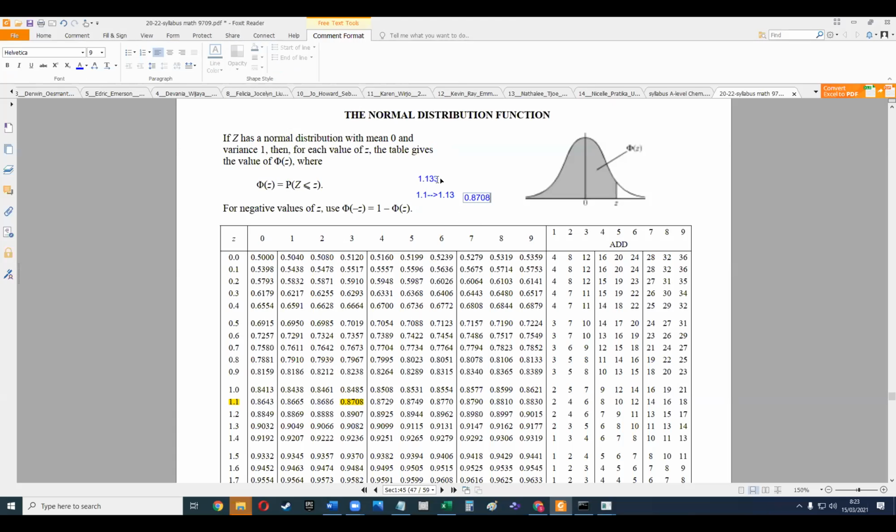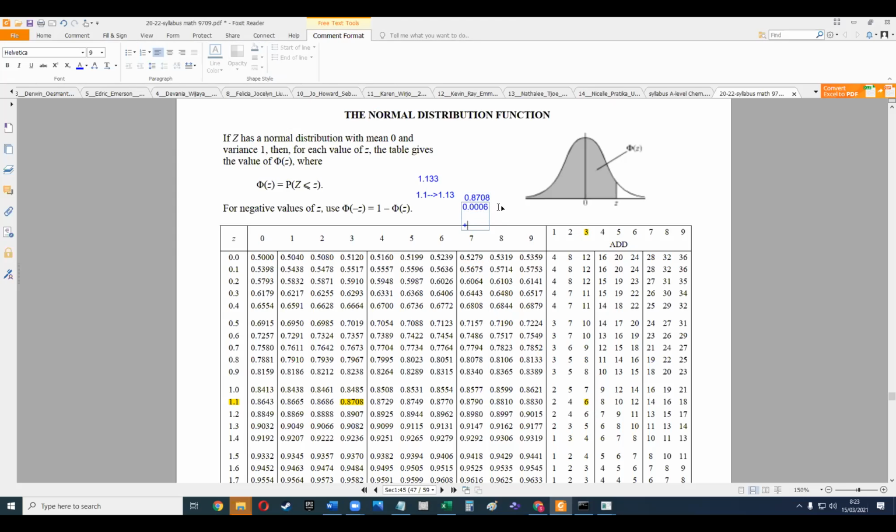For the last number, 3, in 1.133, we need to check the add value on the 3 there. We see 6. 6 here means 0.0006. That's for the fourth decimal point. This is all for the decimal points, right? So we're going to add here 0.0006.